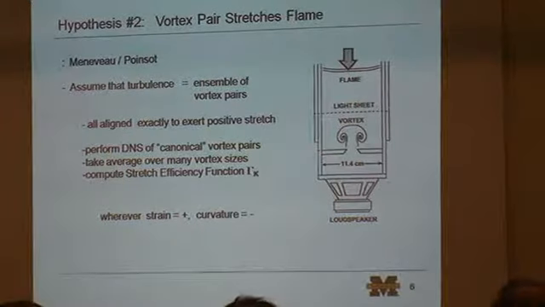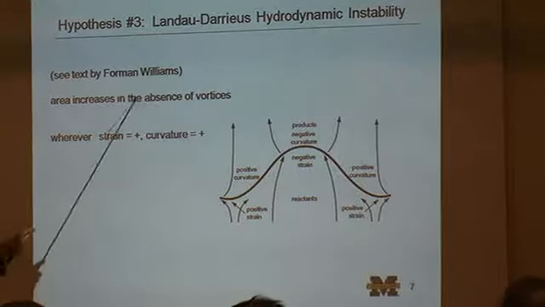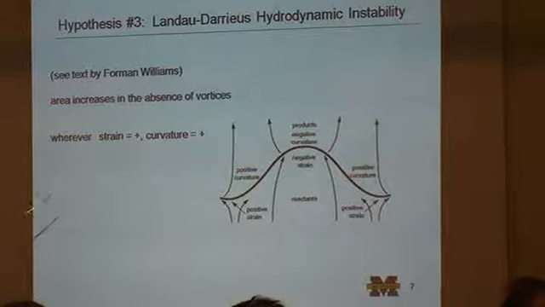I'll explain that. And the third wrinkling phenomenon that we were interested in looking at in our data: Professor Williams will be here, and he has a very nice description in his book of the Landau-Darrieus instability. I'll just say some words about it in case somebody needs to know.